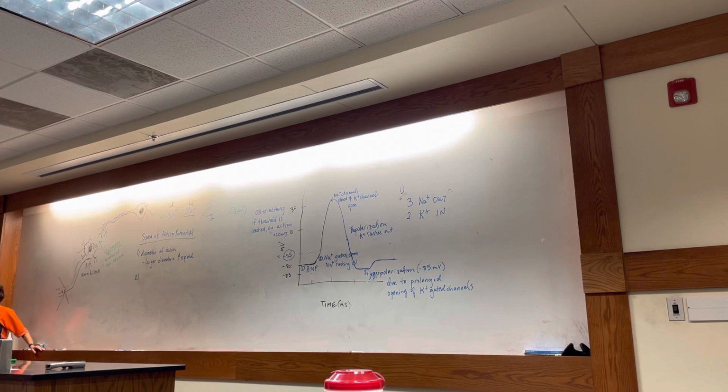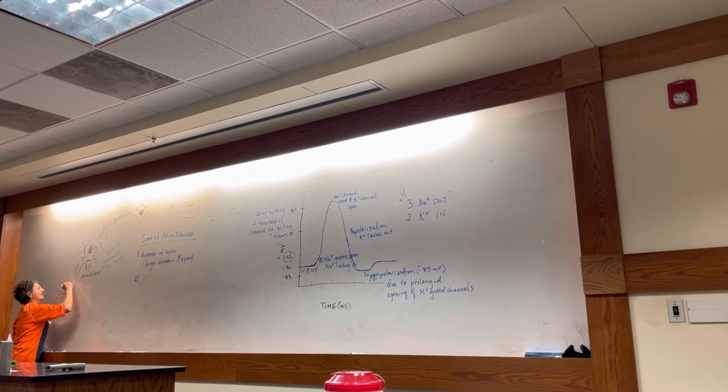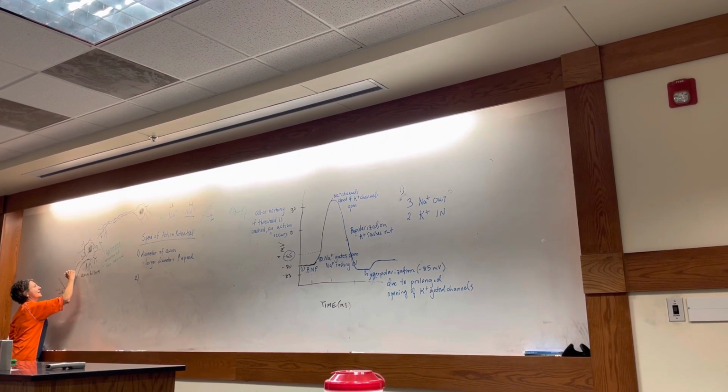What might that insulation on the axon be? What might be wrapped around the axon? It's fatty, it's lots of lipid. What insulates an axon sometimes?